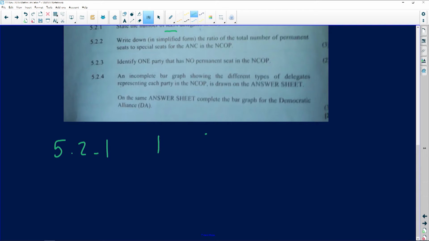I'm going to say KZN, with a capital N. KZN is equal to 4 plus 3 plus 1 plus 1 plus 1. So that's 7, 8, 9, 10. So we've got 10 delegates over there.